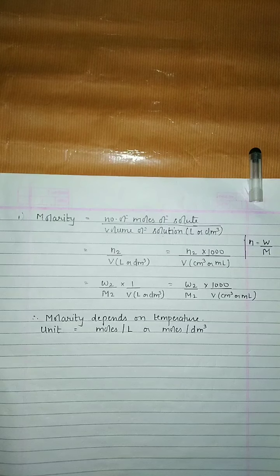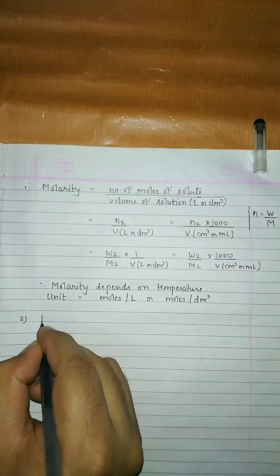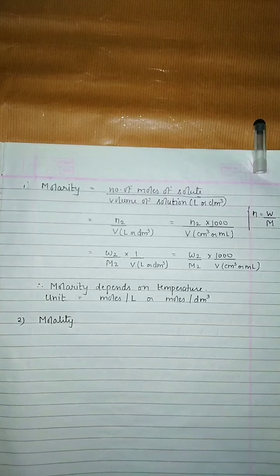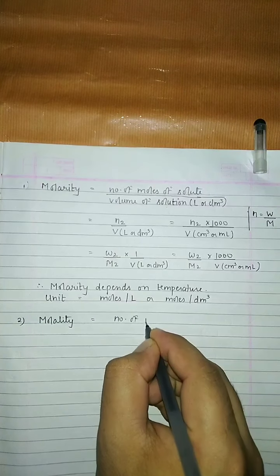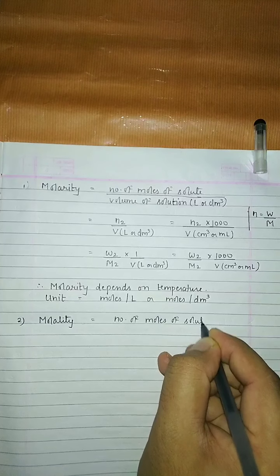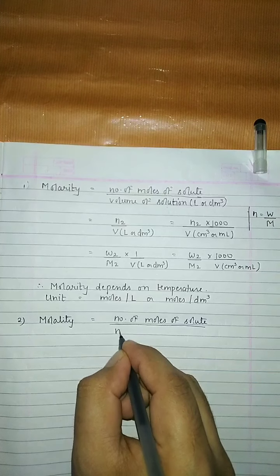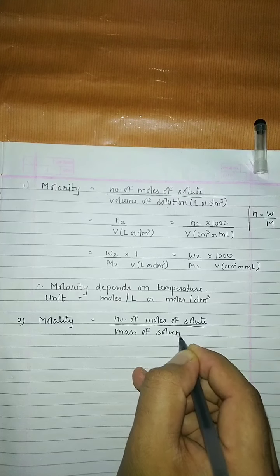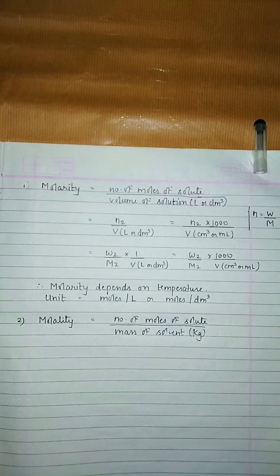Then moving ahead, the next way of calculating concentration is molality. So formula is number of moles of solute upon mass of solvent in kilograms.